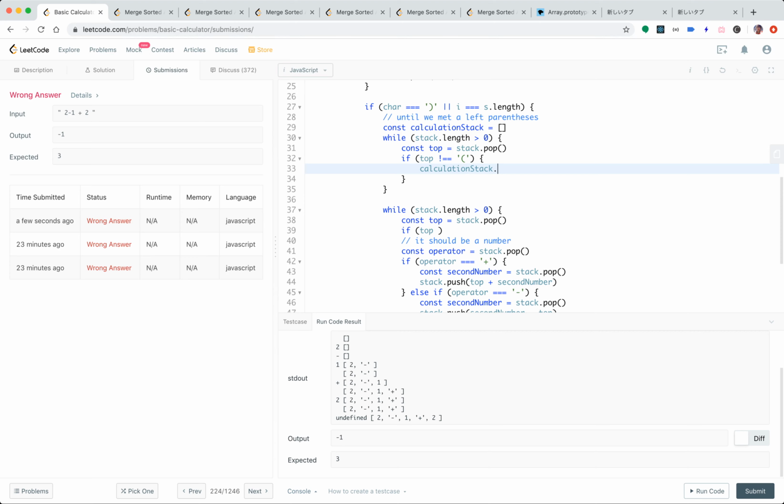I push into this and then pop it out. This is right. Yeah, calculation push.